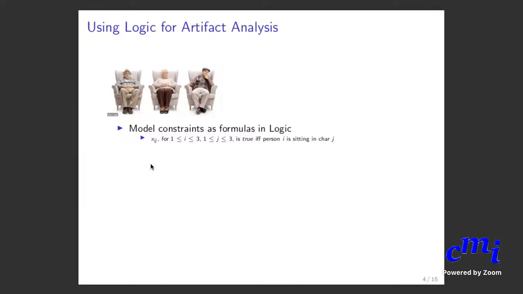That's the goal. So the choice of what variables you choose, what meaning you attach, and how many propositional variables you need are decided by what it is that you want to model.